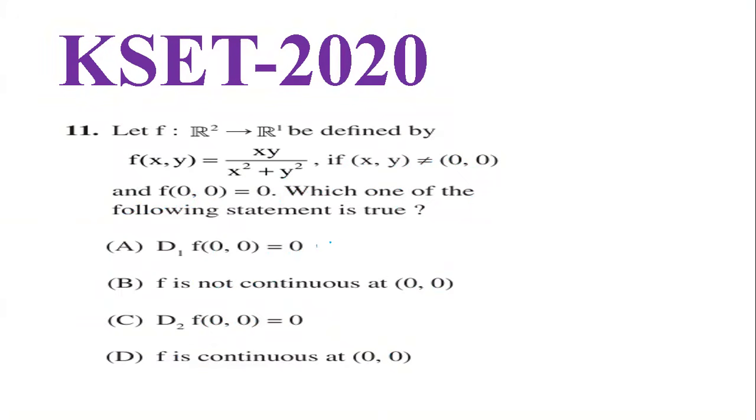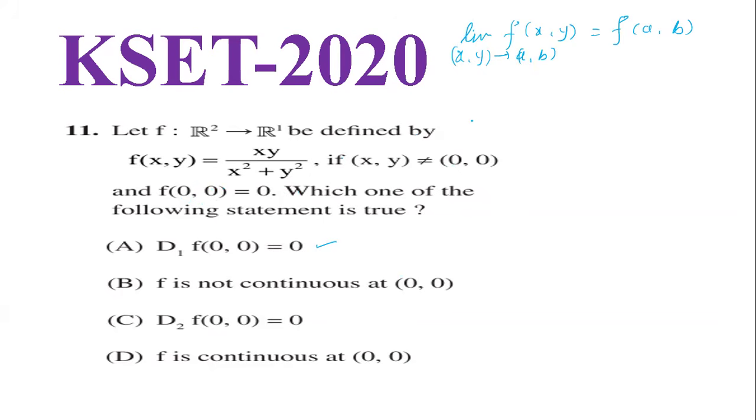Before going to differentiability, first check continuity. The definition for continuity is limit x y tends to a comma b, f of x comma y is equal to f of a comma b. Here f of a comma b, f of 0 0, is equal to 0.